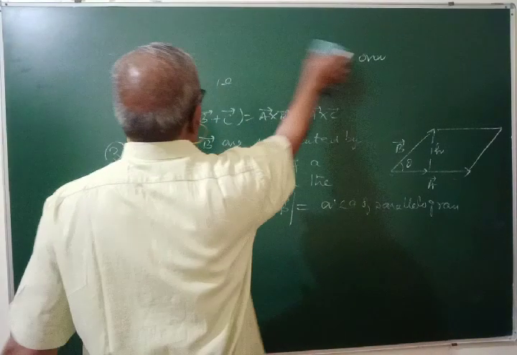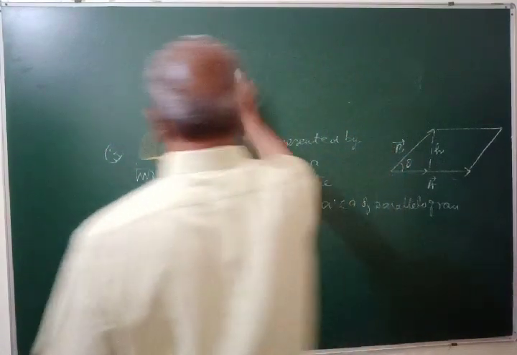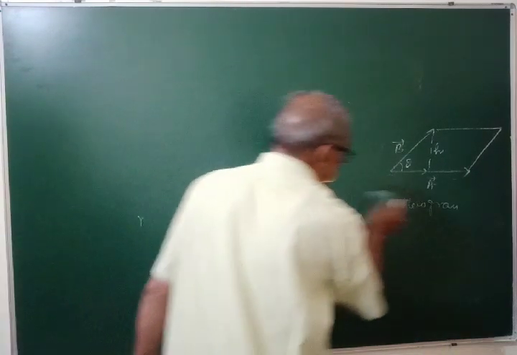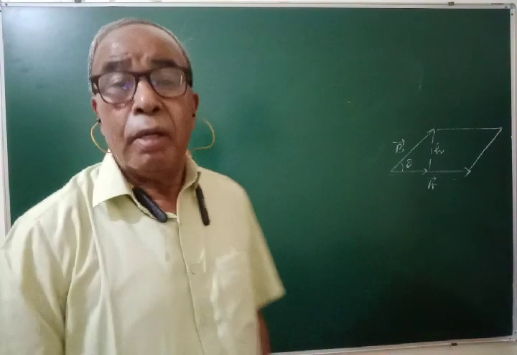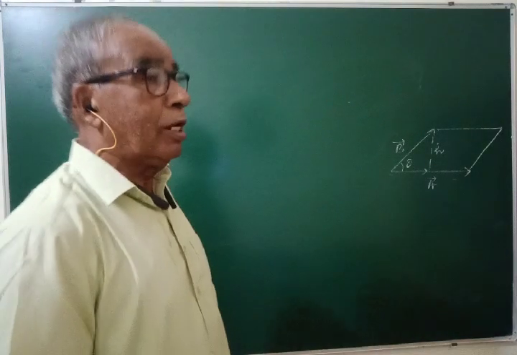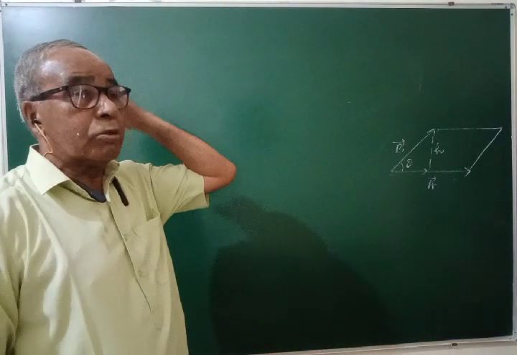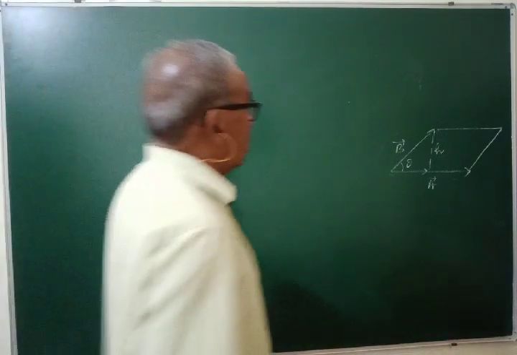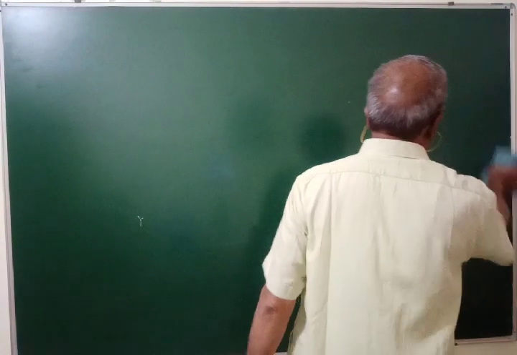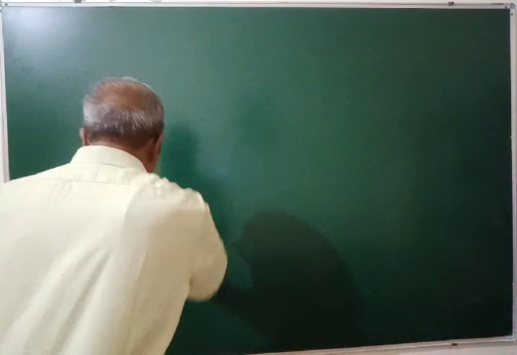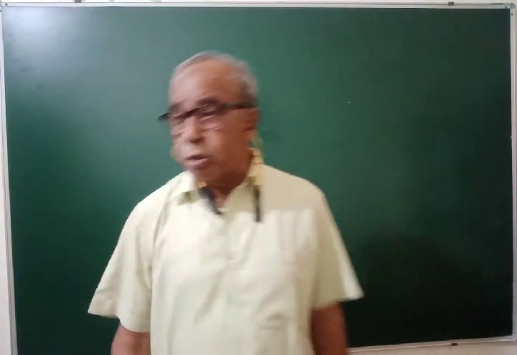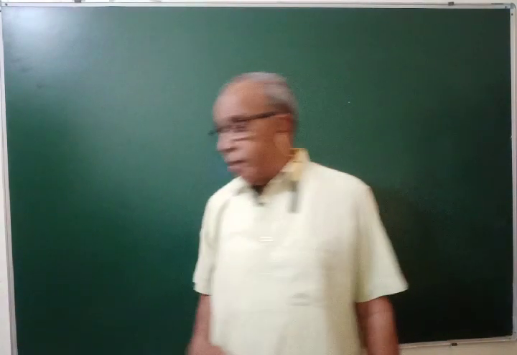So vector product of two vectors which are represented by sides of parallelogram is equal to area of parallelogram. Here we take area as scalar, but in coming topics, magnetism and electrostatics, area will be treated there as vector, and direction of area there will be at right angle to the surface and outward.